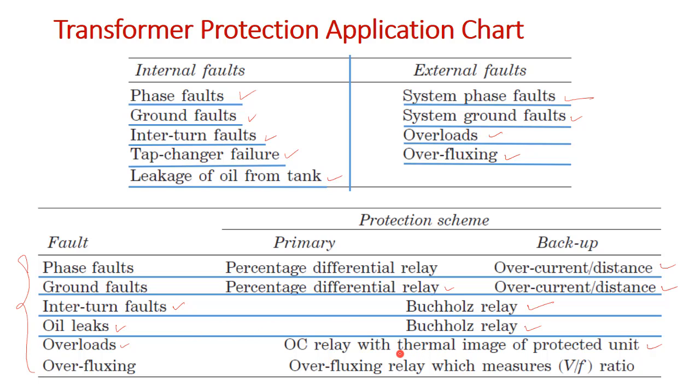We have not discussed this thermal image of the protected unit, because it does not come under your syllabus, so only the overcurrent relay we discussed. Then overfluxing: it is a very different type of relay that detects the V by F ratio. We have seen how, when the V by F ratio lies within a particular operating range, the relay operates.